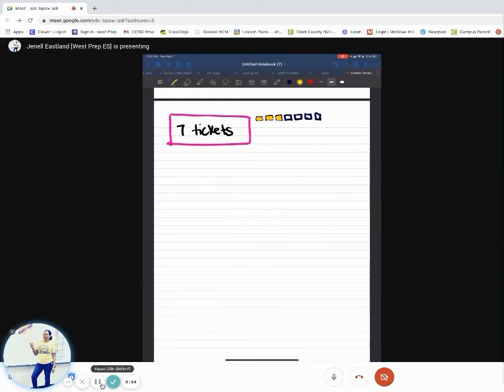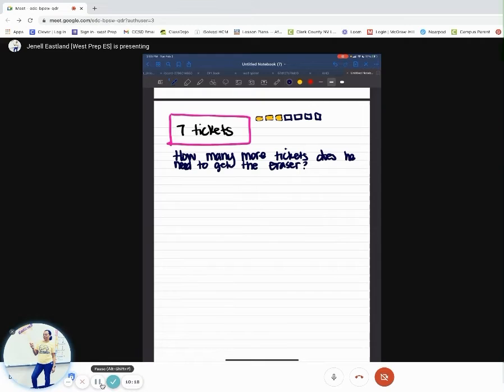So it asked us, how many more tickets does he need to get the eraser?